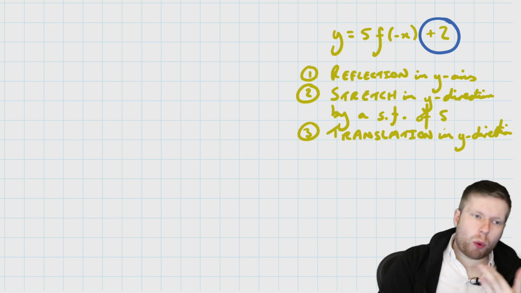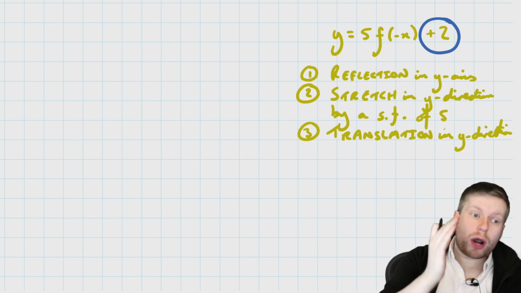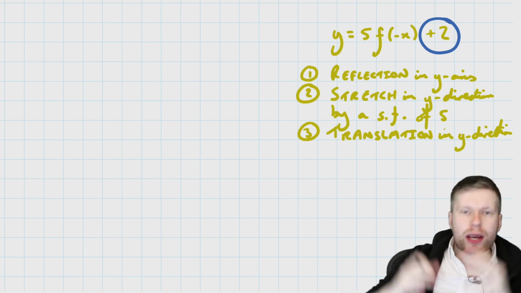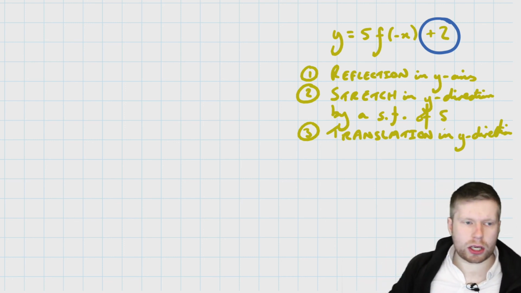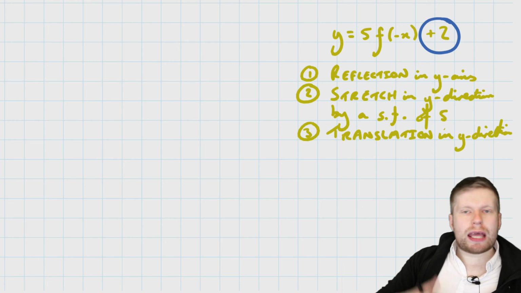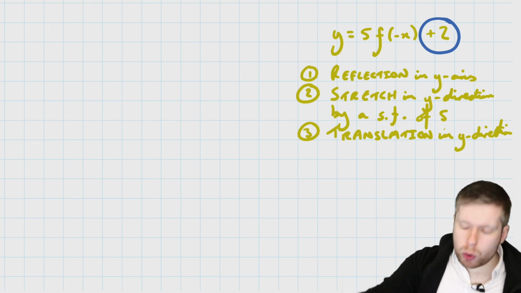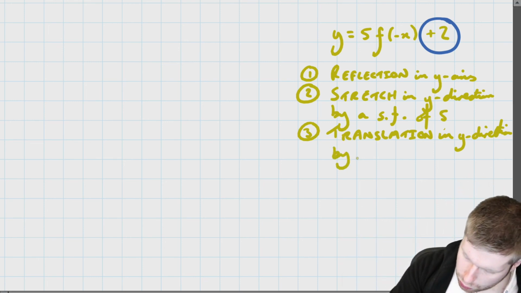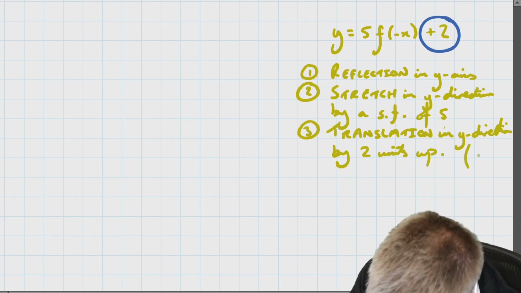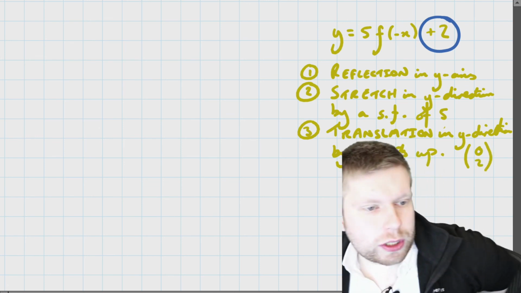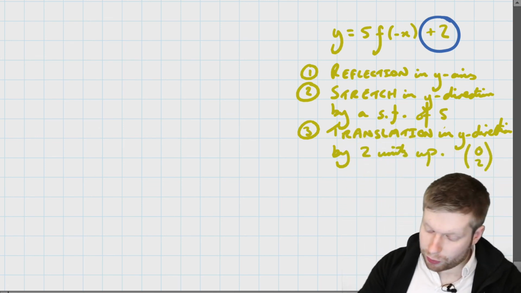And because it's in the y direction, not the x direction, it's what I think it should be. Remember, if it's in the x direction, it's the opposite of what I think it should be. If it's in the y direction, it's exactly what I think it should be. So because it's a translation in the y direction, by 2 units up, I can say. By 2 units up. If I prefer, I could also give it as a vector, 0, 2, if I wanted to as well, but that's fine, okay?